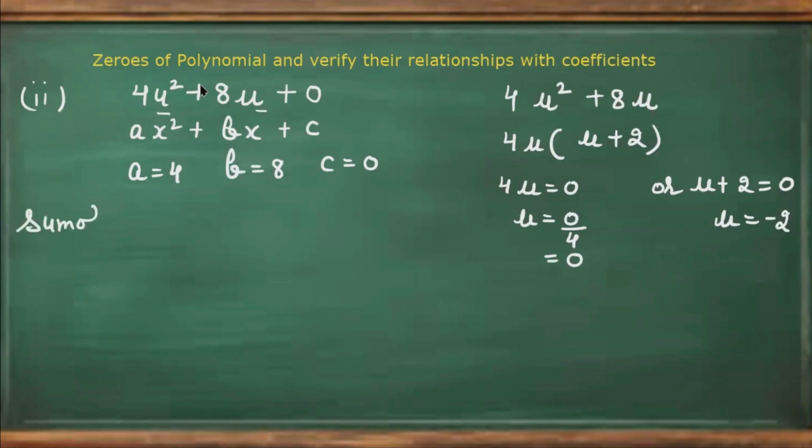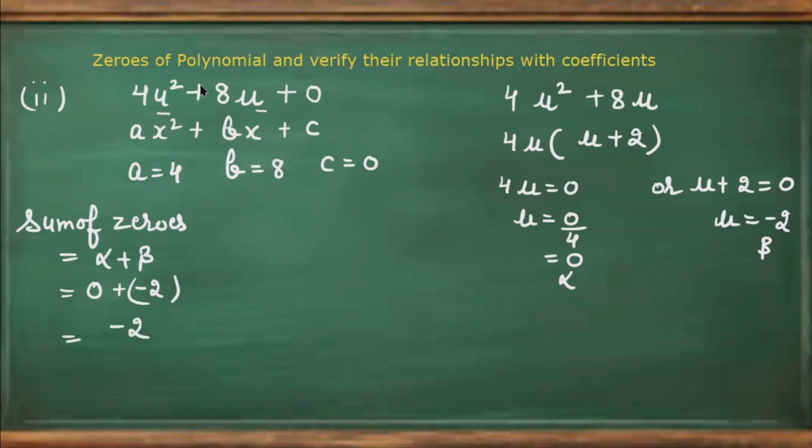So sum of zeros will be alpha plus beta, that means 0 plus minus 2, which is equal to minus 2. And if I use minus b over a, the value of b is 8, so minus 8 over the value of a, which is 4, is equal to minus 2.